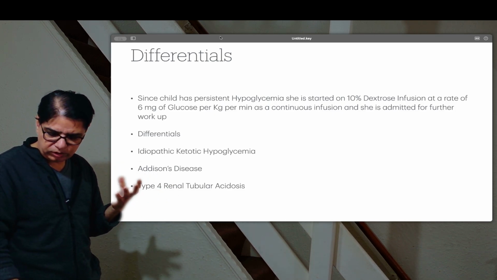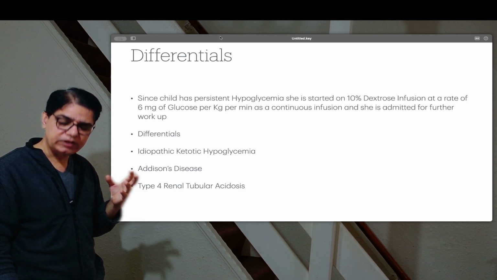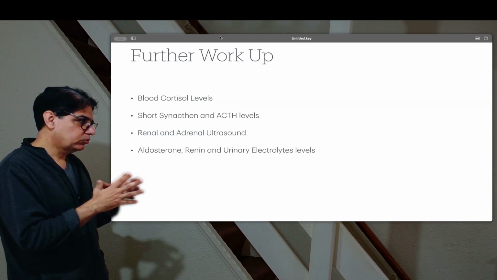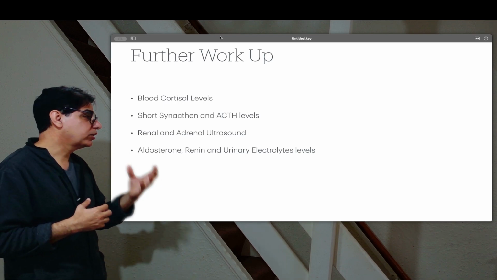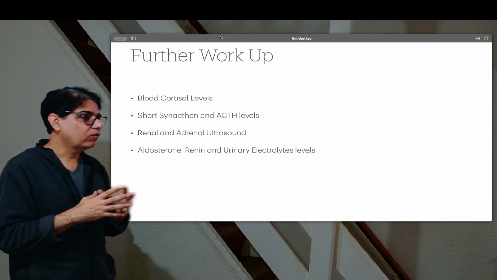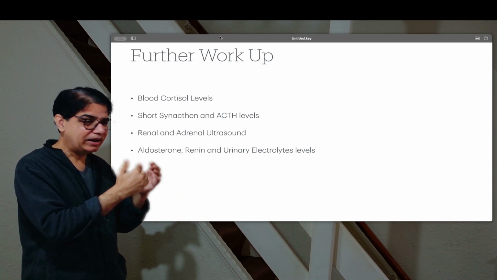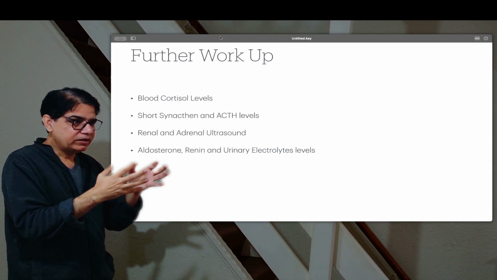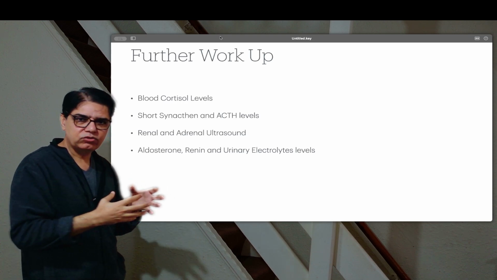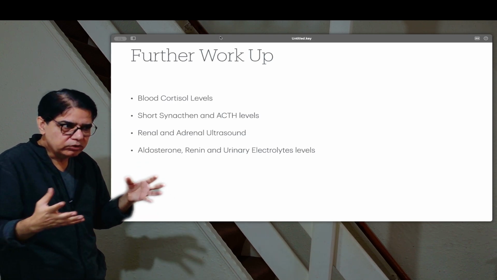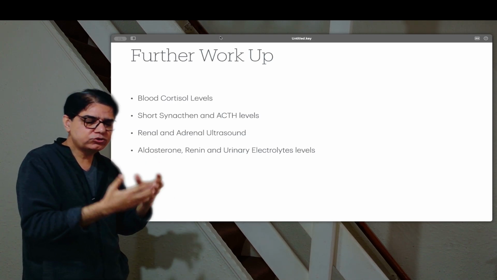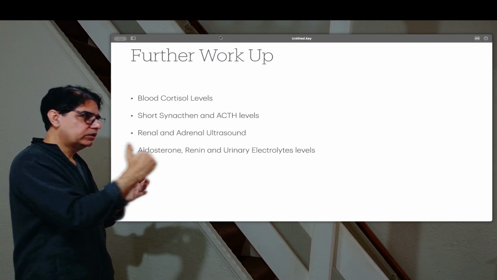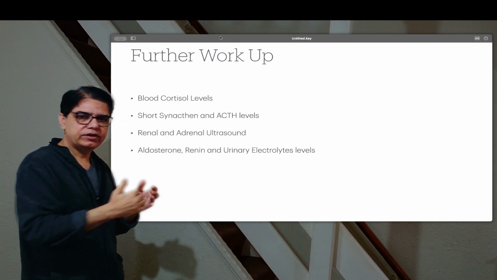These children need to be admitted, and the workup that you would do, number one, is blood cortisol level, because in adrenal insufficiency the cortisol levels would be low. But that would only give you an idea that there is something wrong in this whole axis of how the adrenal glands work. So you have to do further tests to see whether it's primary, secondary, or tertiary adrenal insufficiency.